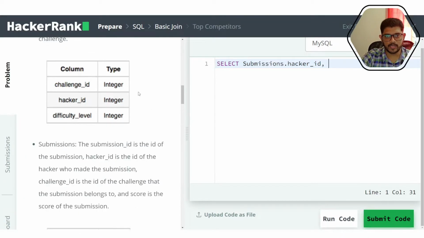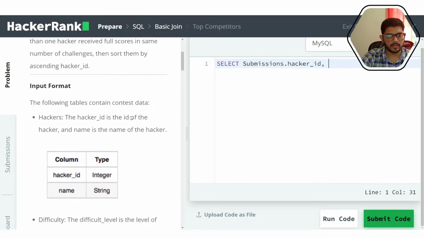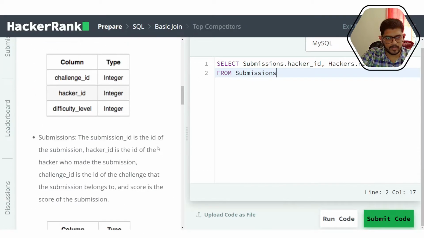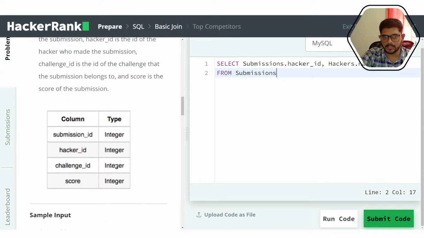And also we need to select hacker name, Hackers dot name. So that will give us the hacker name, and we are selecting these from the submissions table. Of course, in the submissions table, you have only the hacker ID. We don't have anything called the name column in the submissions table.